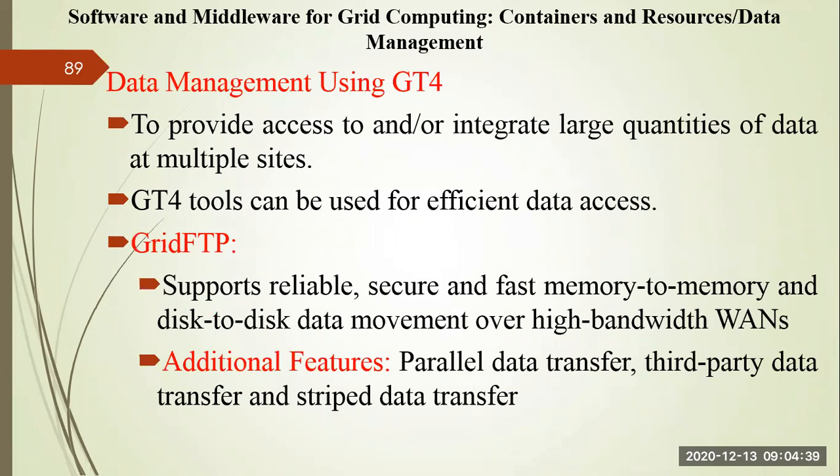First of all, we are going to see in the Globus Toolkit 4, that is GT4, how the data is managed, right? The data management using GT4. You can see there is a Grid Resource Allocation Manager, that is GRAM, and this GRAM module supports web services for initiating, monitoring and managing execution of computational jobs in the grid.